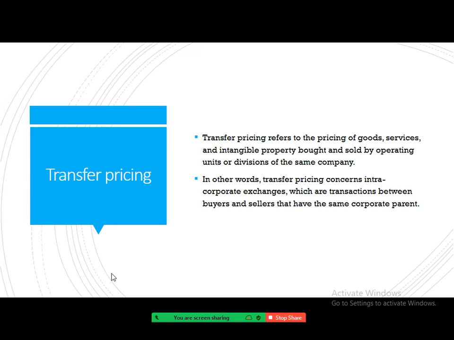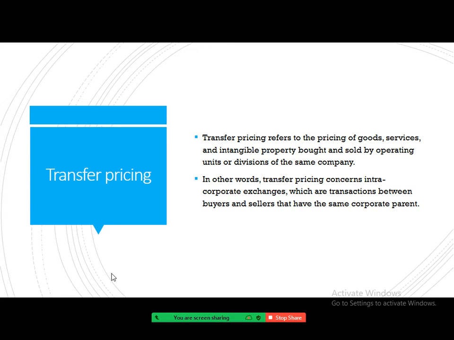In determining transfer prices to subsidiaries, global companies must address a number of issues, including taxes, duties, and tariffs, country profit transfer rules, and conflicting objectives of joint venture partners and government regulations.